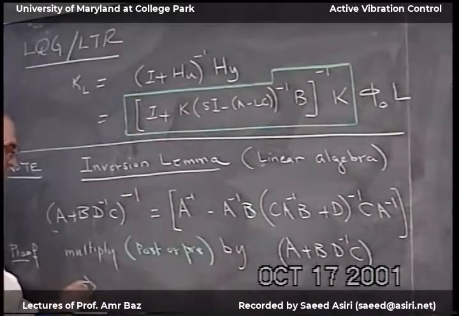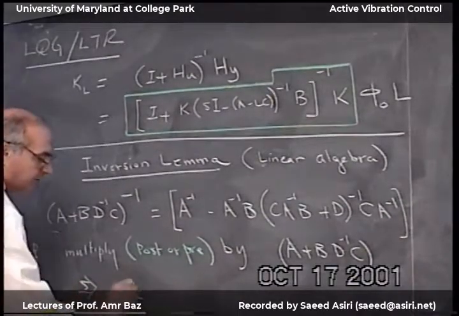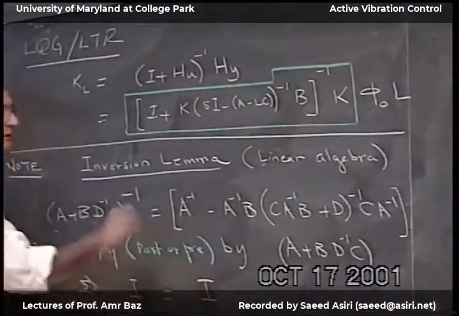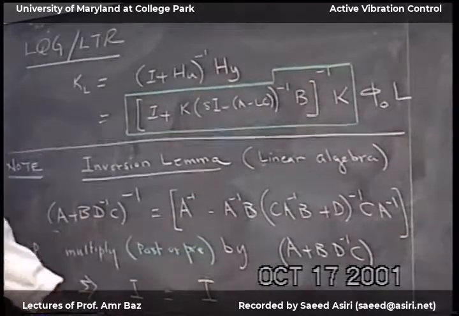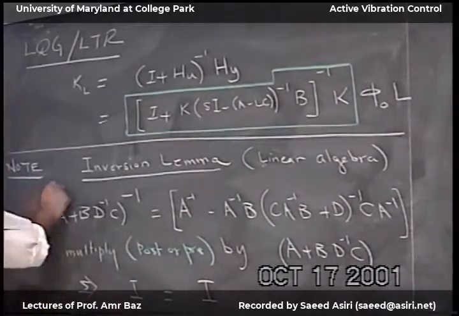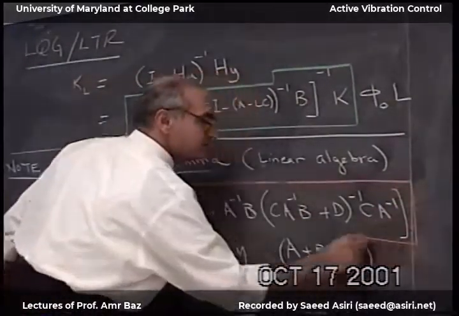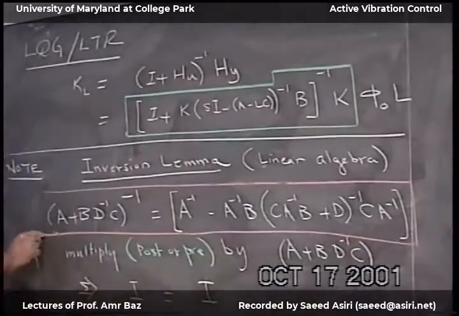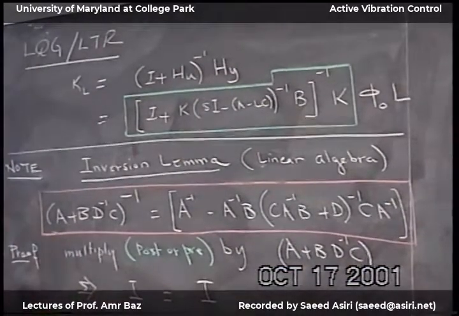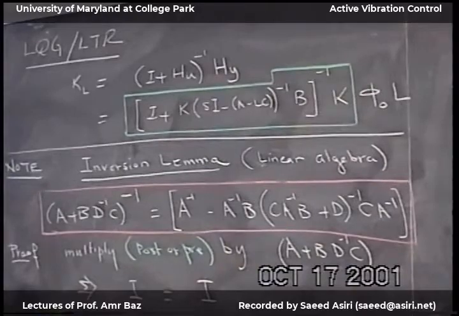Then this will yield identity matrix is equal to identity matrix. This is very important in control, and it's used almost everywhere.